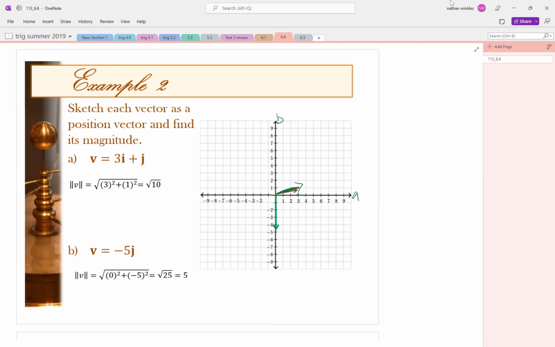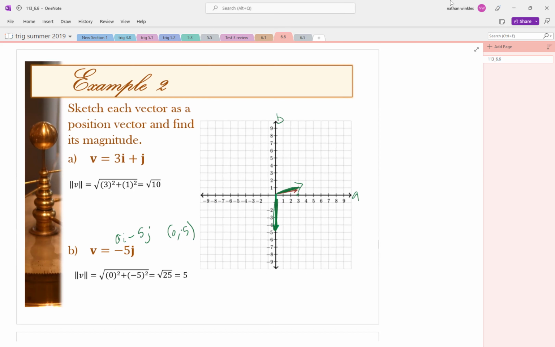If we have V equals negative 5j, so that basically means 0i minus 5j. So that's the point 0, negative 5. So we're going to come just straight down 5 units.